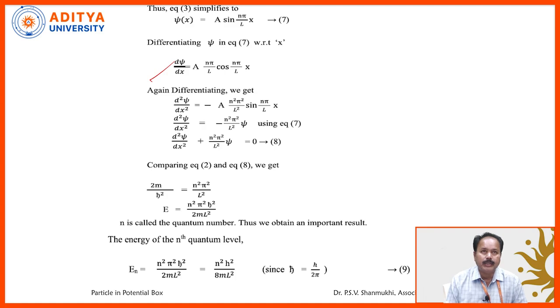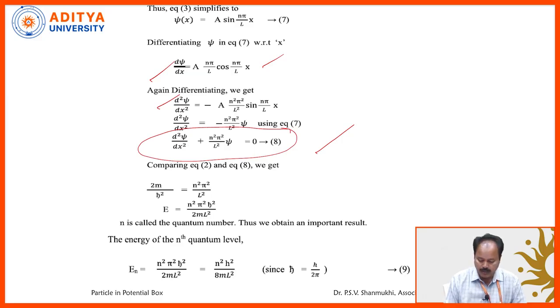You will get A into the differentiation of sin theta, cos theta. A into n pi by L into cos (n pi by L) x we get. Again I take d square psi by dx square, and on simplification we get the equation like this: d square psi by dx square plus n square pi square by L square into psi is equal to 0.